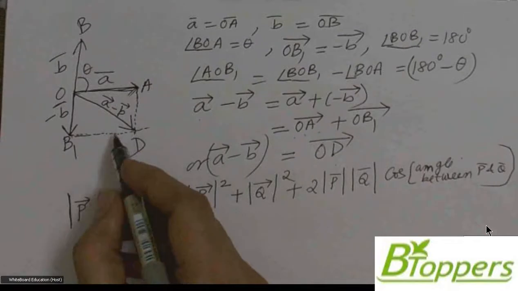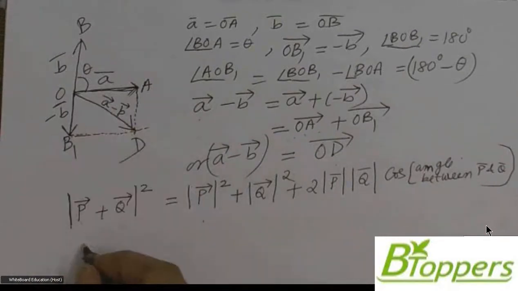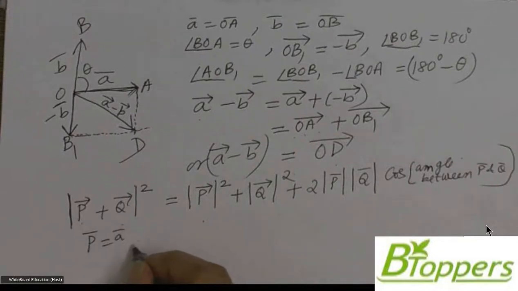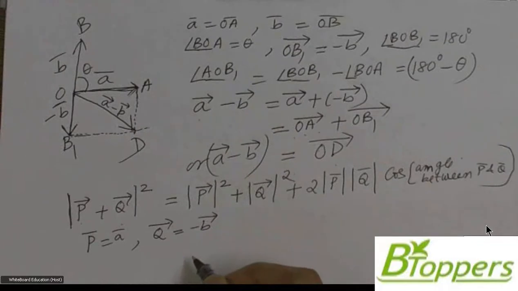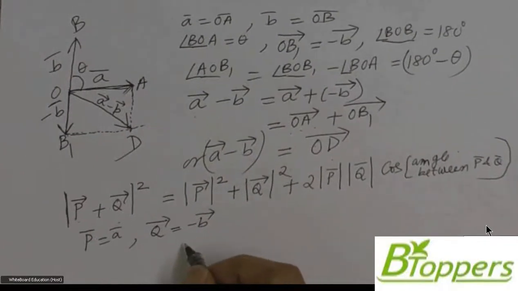So in this case, you have A bar in place of P bar and you have the vector minus B bar in place of the second vector Q bar. The angle between P bar and Q bar means the angle between the vectors A bar and minus B bar.